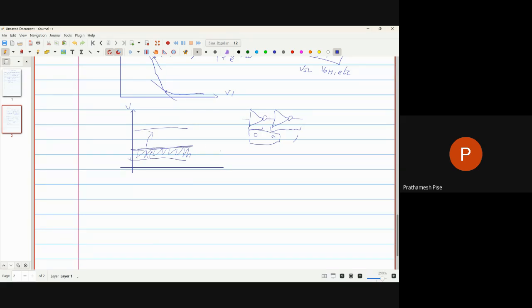So the difference between what this gate is considering as V output low and this gate's input V input low will be the noise margin low.